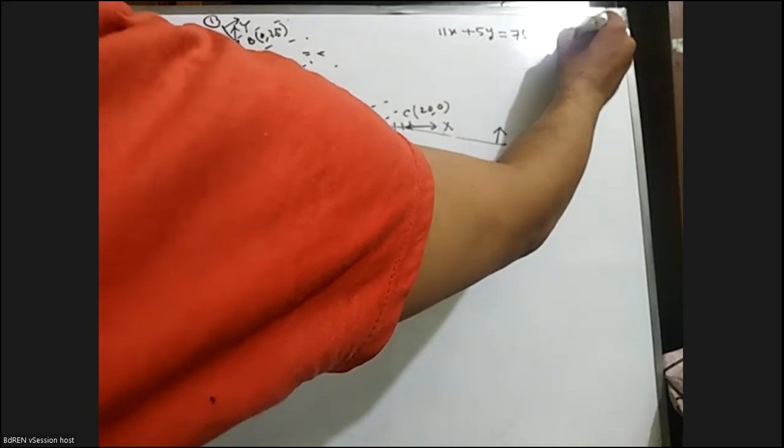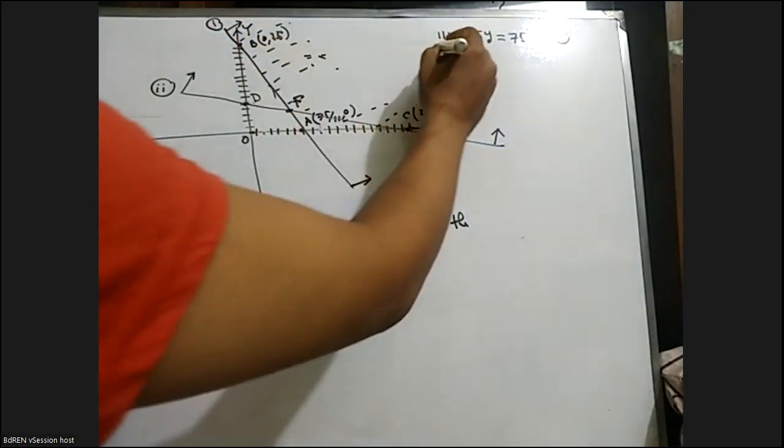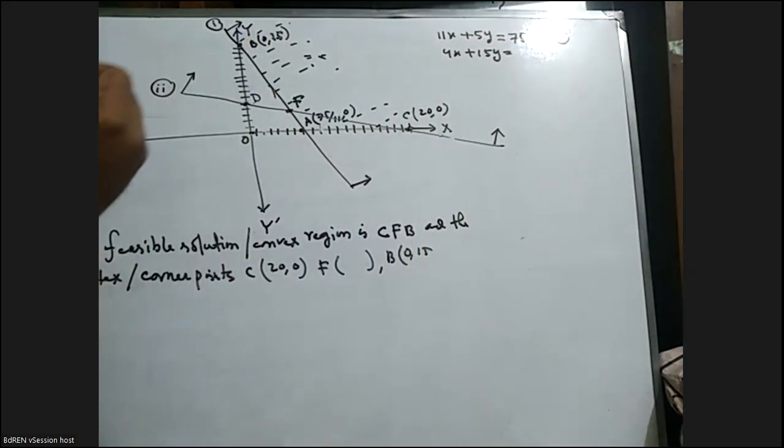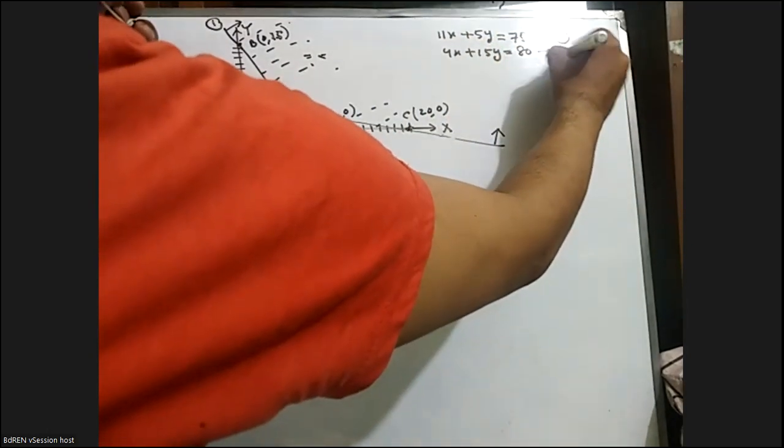This is equation number 1. And another one, 4x plus 15y equals 80. This is equation number 2.